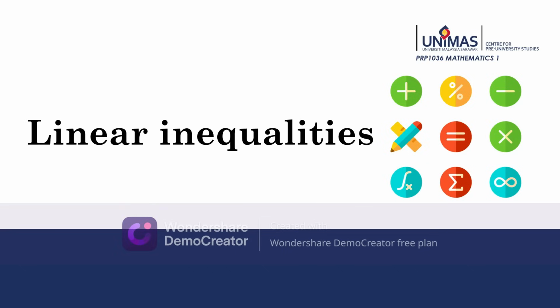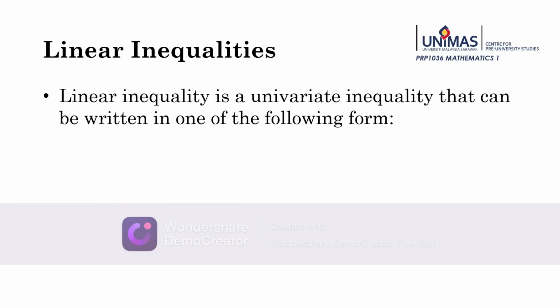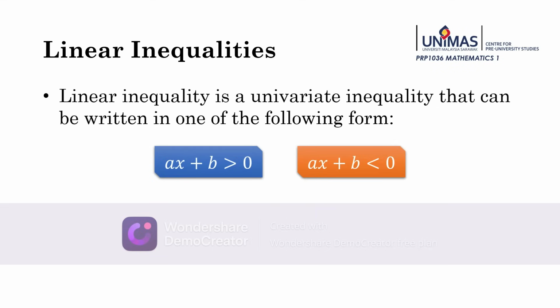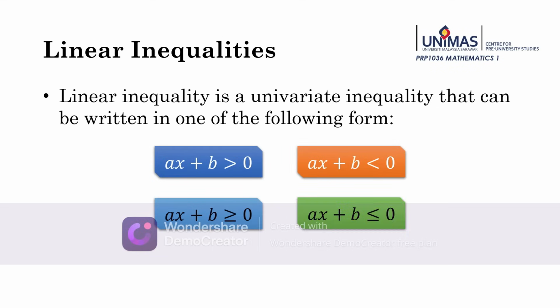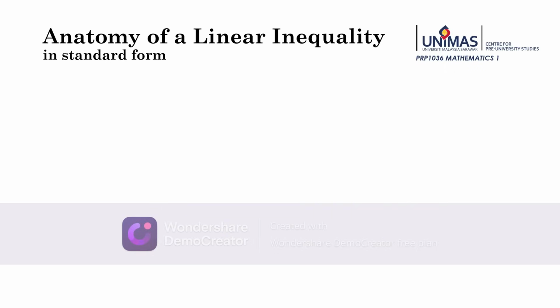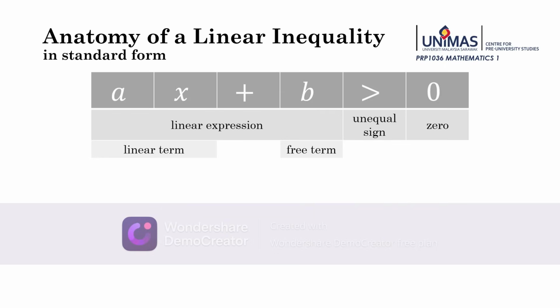Okay, now we go to linear inequality. So a linear inequality is a univariate inequality that can be written in one of the following forms. We have greater than, less than, greater than or equal to, less than or equal to. So we look at the standard form.